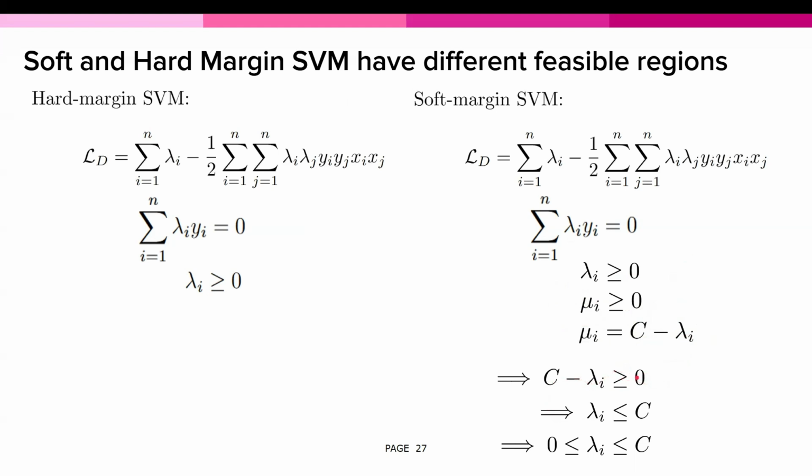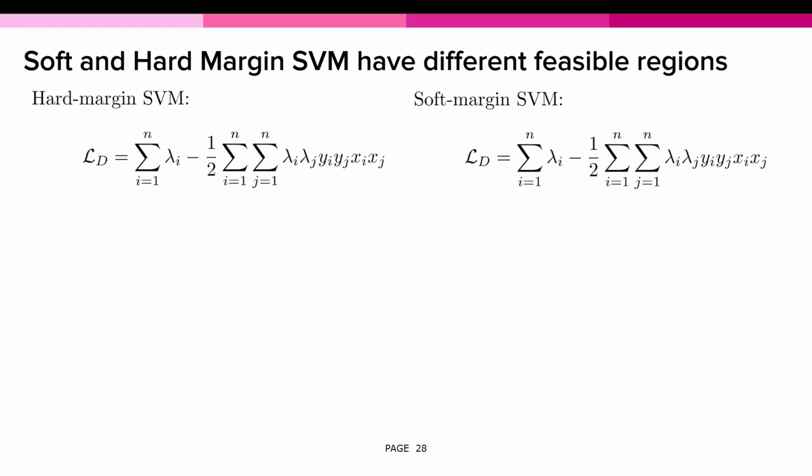But in order for this to be true, lambda must be at most C. Combining this with the non-negativity constraint on lambda, we find that lambda is both lower and upper bounded in the soft margin SVM.